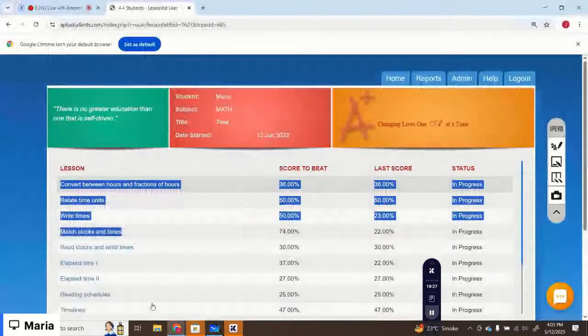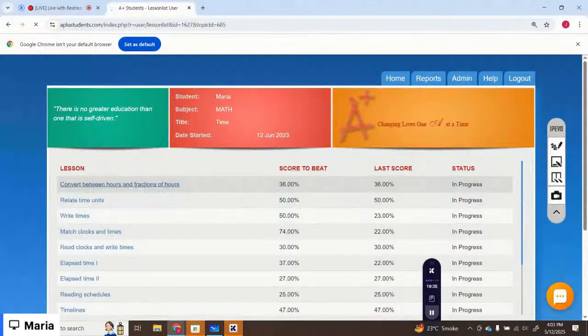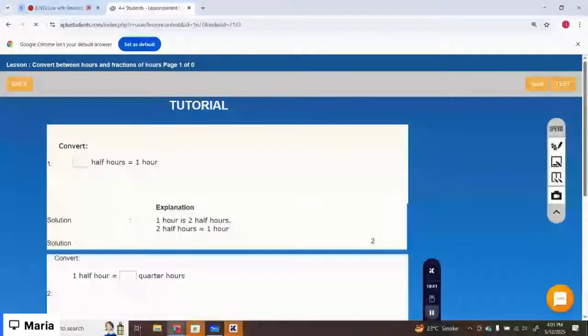Here I'm on grade 3 math, the chapter right now is time. Let's just start with the first lesson. Convert 1 hour. Well, how many half hours? 1 hour equals 60 minutes.